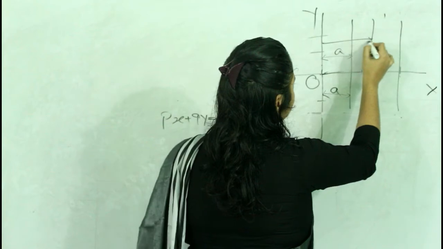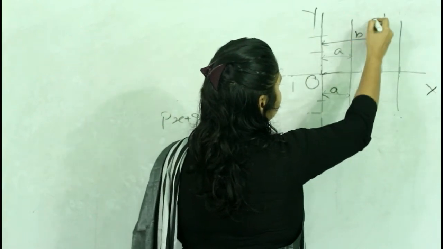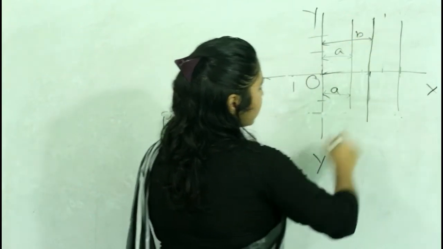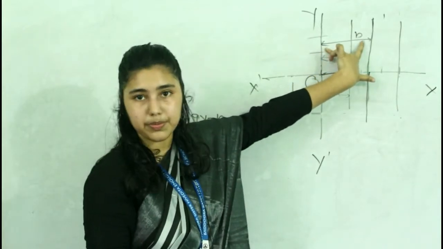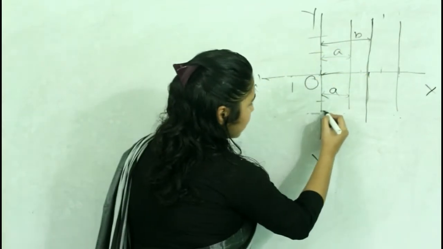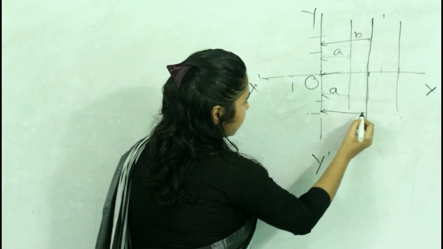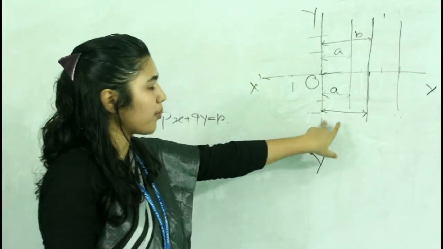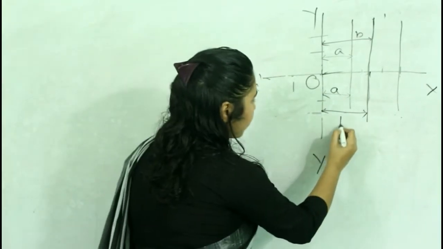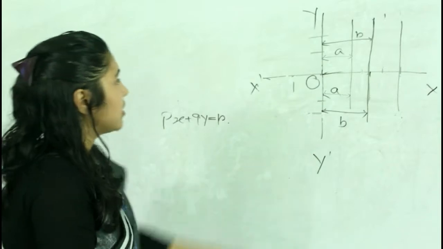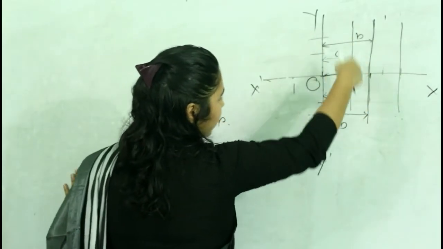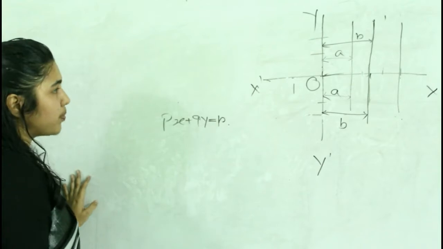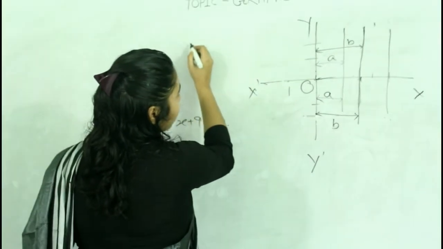If this distance is b, suppose consider this straight line, the distance from the y axis is b here, then also the distance from the x axis is also b. That means the equation of these straight lines which are parallel, b is constant.